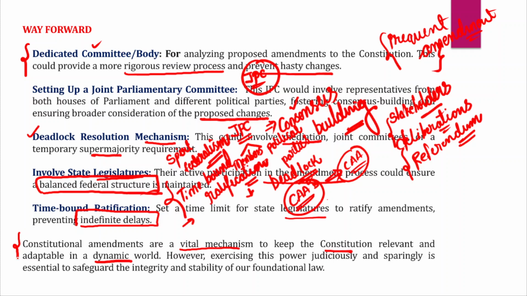However, whenever we are amending the Indian Constitution, it has to be done judiciously and sparingly, essential to safeguard the integrity and stability of our foundational values. So I hope you have understood the amendment procedure of the Indian Constitution, right?